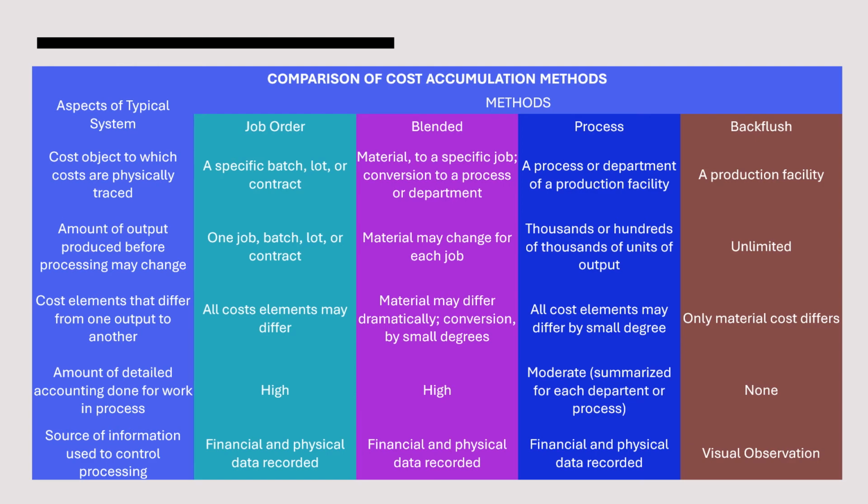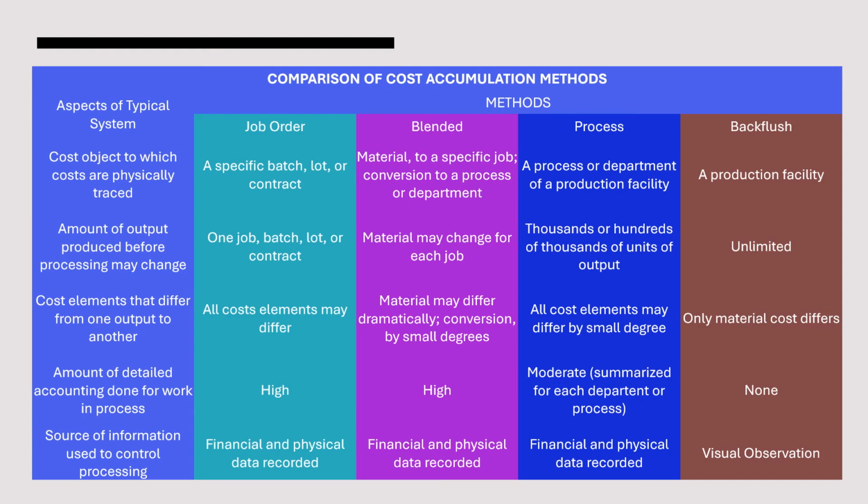So this is the summary, comparing the four main cost systems, their key differences and similarities. You will be able to further appreciate this table as you complete this course. So job order costing, again, is very specific. It refers to a specific batch, lot, or contract.